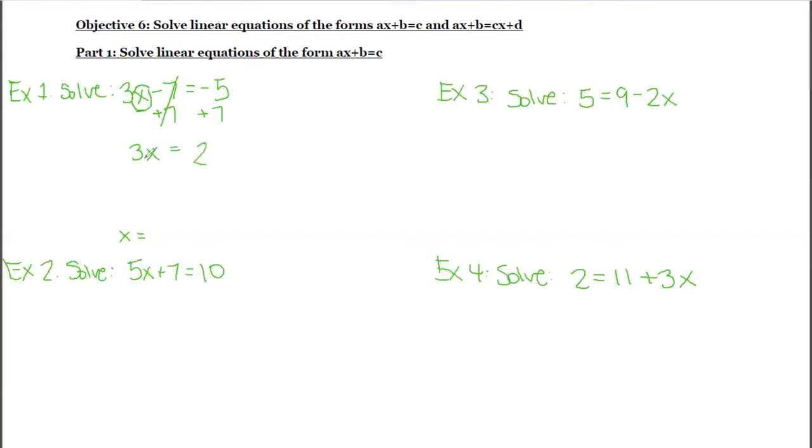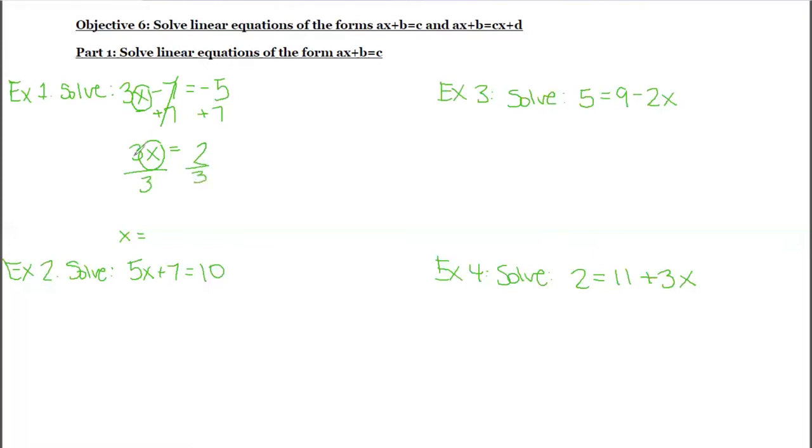At this point, we still want to get the x by itself. This 3 is in the way. This 3 is being multiplied by the x, so in order to get rid of it, or cancel it out, whatever you want to call it, we need to divide by 3 on both sides.